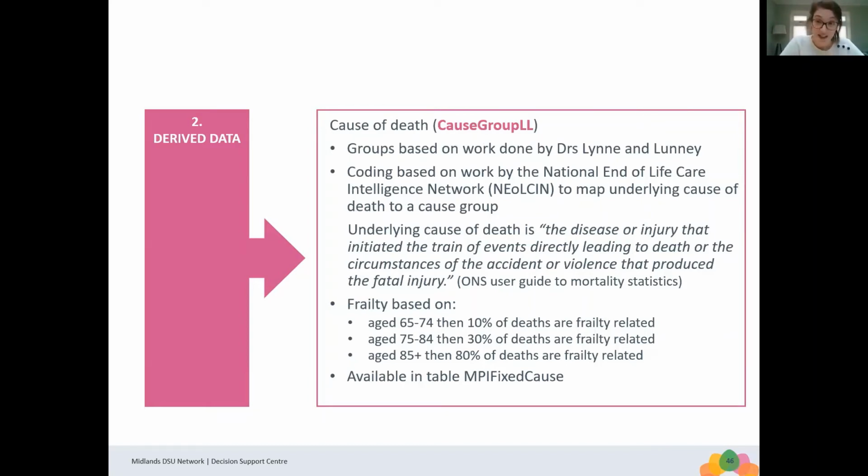The one that's tricky is the frailty data. Again, we use the work done by the National End-of-Life Care Network, who came up with an algorithm whereby, for people who died, based on their age at death, a random percentage of those people were put into the frailty group.